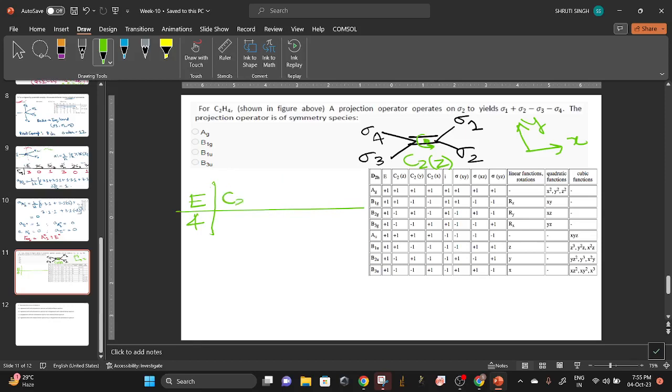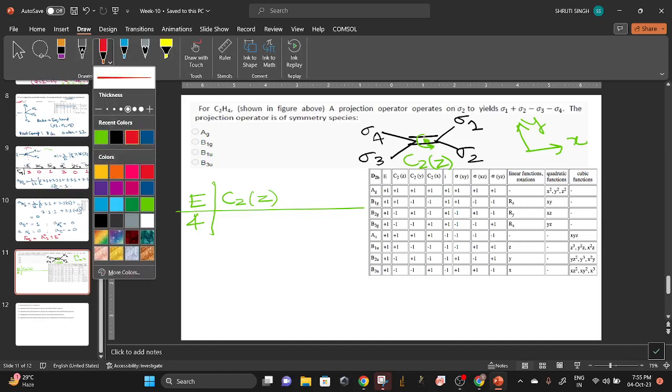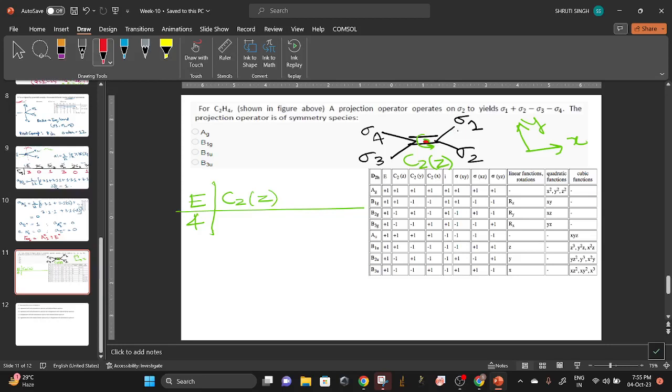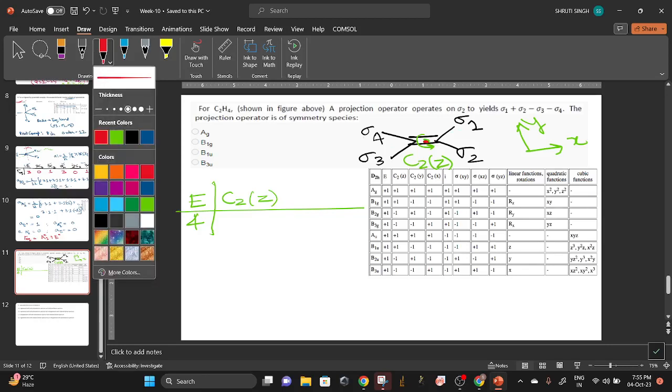Under C2Z, C2 is like this, coming out of the plane of the screen. So under C2Z, what will be the character? When you apply C2Z here, this will come here, this will go there. So the character will be 0.